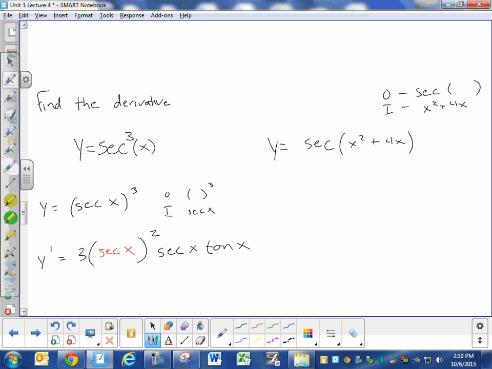The derivative of secant of x is secant x tangent x. Here, the derivative would have to be the secant of your stuff times the tangent of your stuff. And then you would multiply that by the derivative of that inside. So all of a sudden, it'd be the secant of x squared plus 4x times the tangent of x squared plus 4x times that derivative, 2x plus 4.